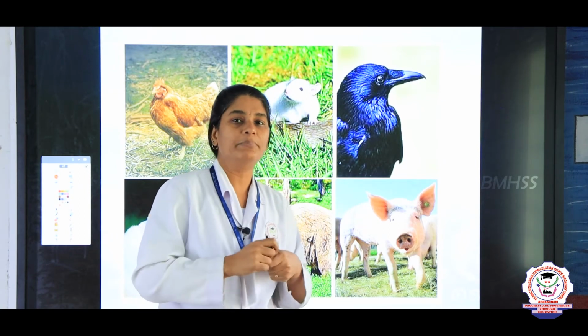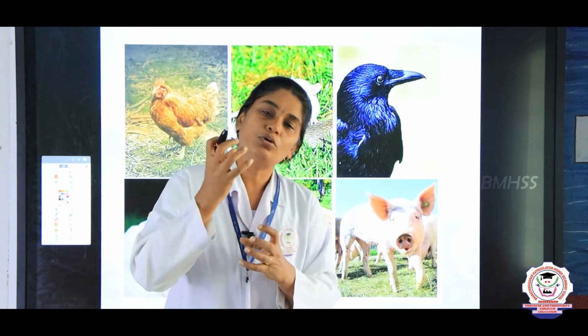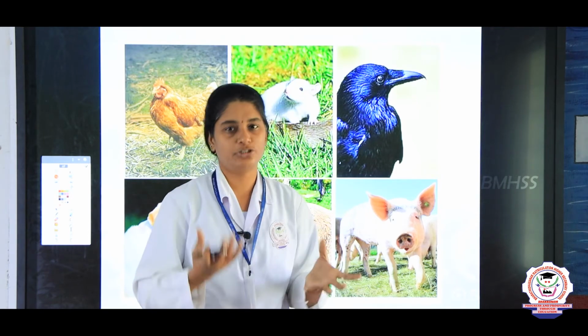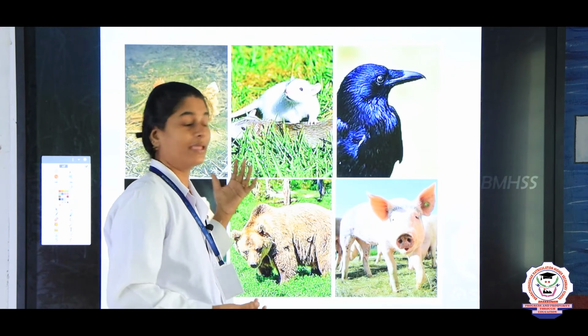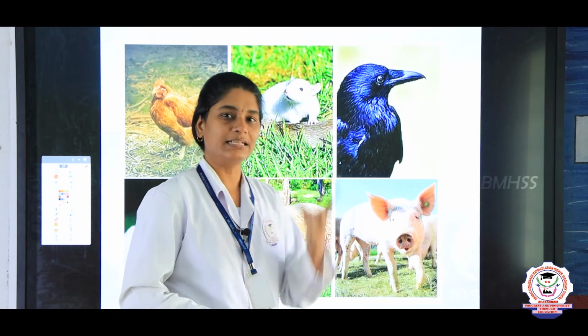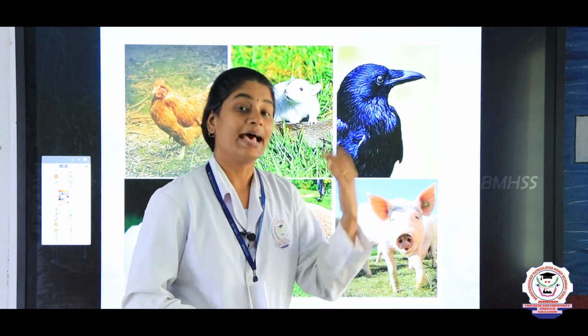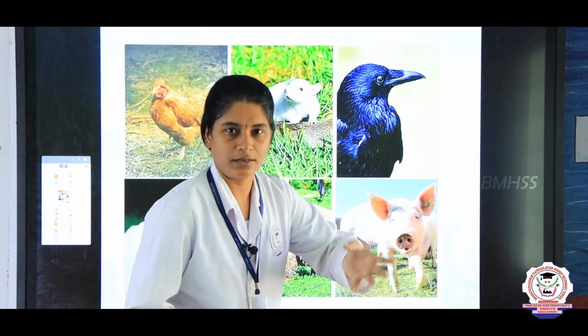Even birds eat both plants and the flesh of other animals, for example crow, peacock and hen. These birds eat nuts and seeds from plants as well as worms and flesh from other animals.